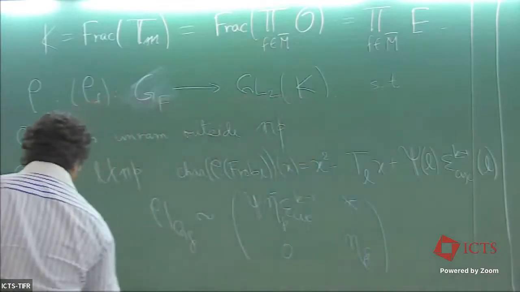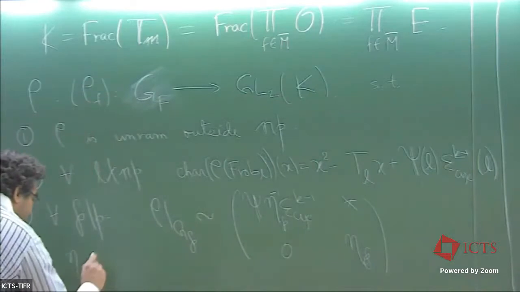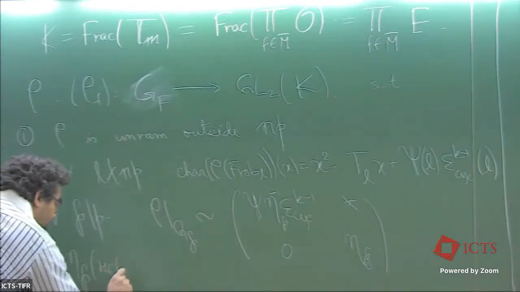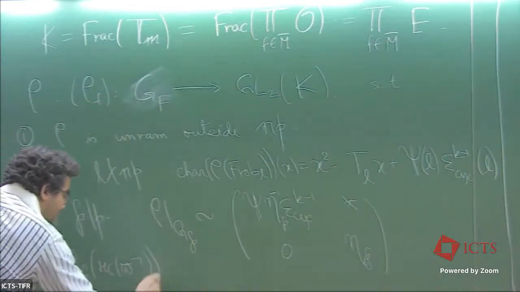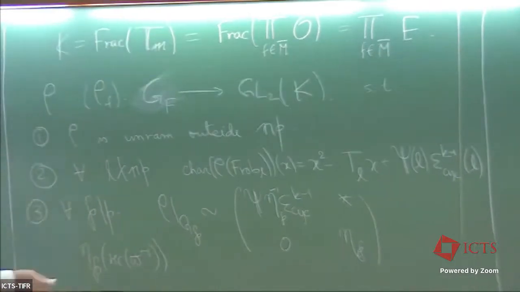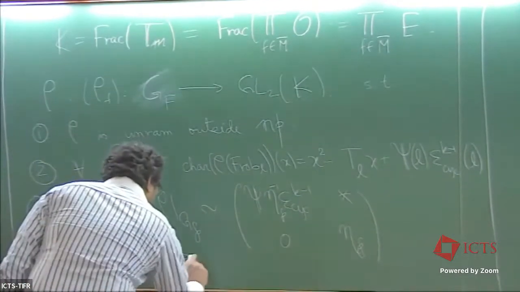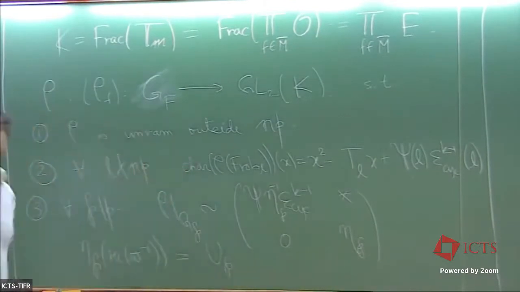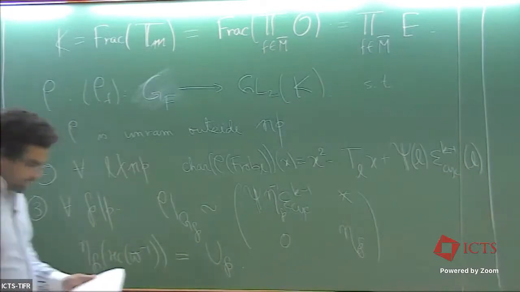And this is again some unramified character. So I just need to tell you what it does on the image of a uniformizer under the reciprocity map. And this is the U_P Hecke operator. Okay, all right. So that's what your Galois representation is.